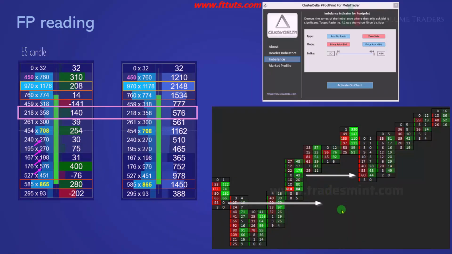So I know that you can be confused. As a summary, to be honest, I wouldn't focus on which way of reading the footprint is correct, or which one is better, diagonally or horizontally. My biggest focus is to analyze the delta, the delta when price is reaching the zone or key level.